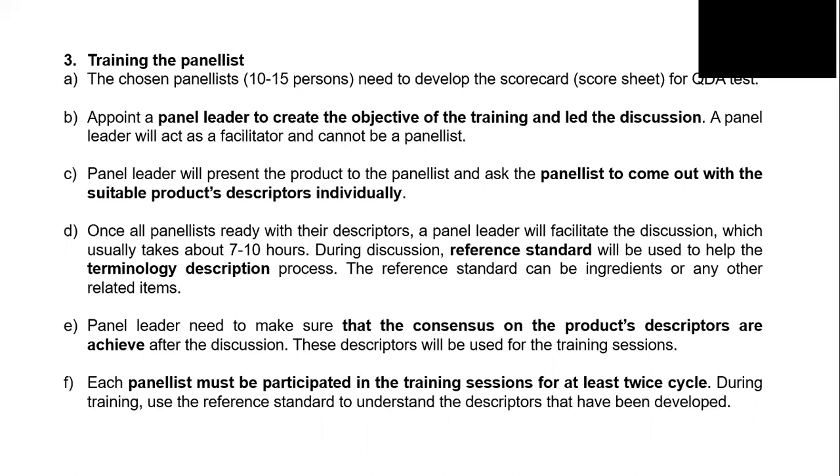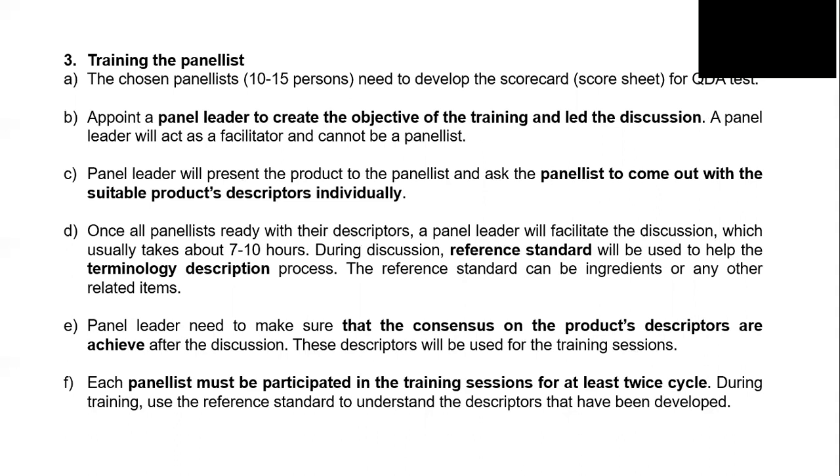So let's say we already have 15 potential panelists. These 15 potential panelists are not only able to have a good score in the sensory test that we give them, but they also comply with other characteristics or factors that we're looking for, for example in terms of availability, willingness, and motivation.